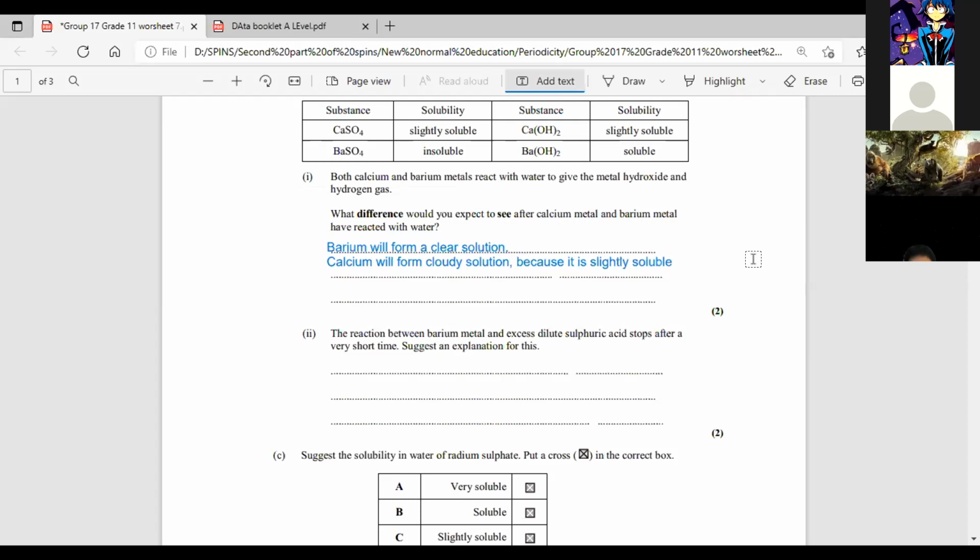Next, the reaction between barium metal and excess sulfuric acid stops after a very short time. Explain this observation.